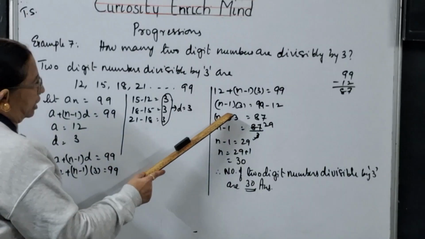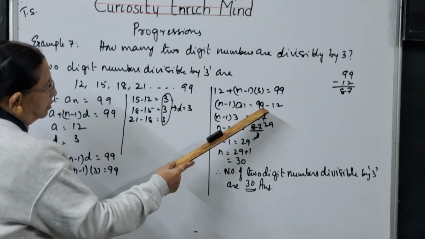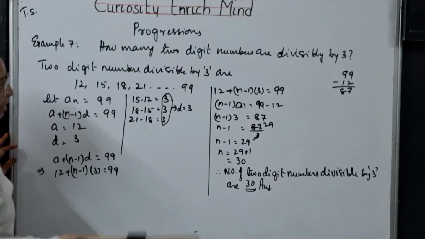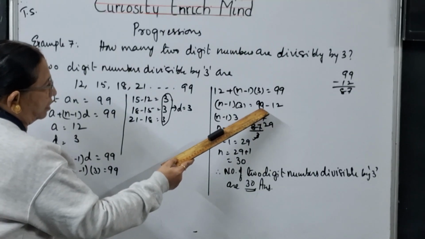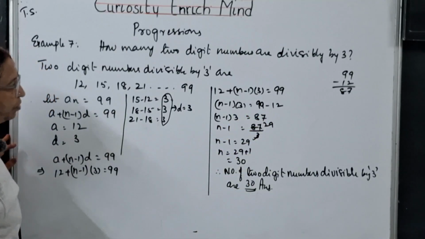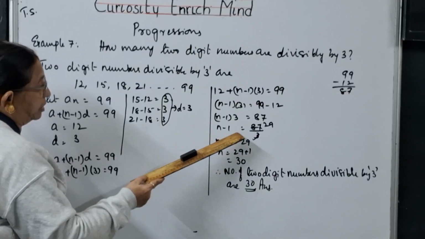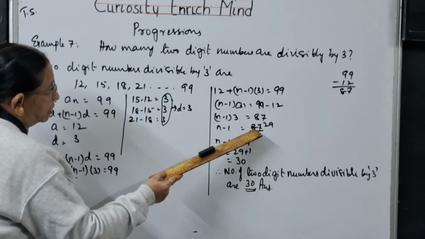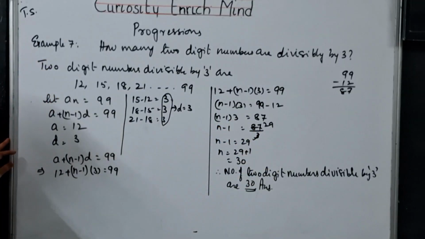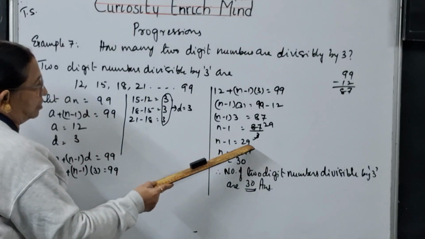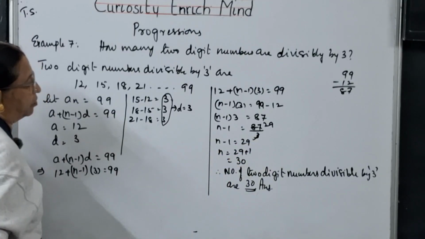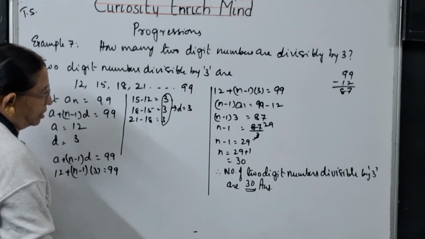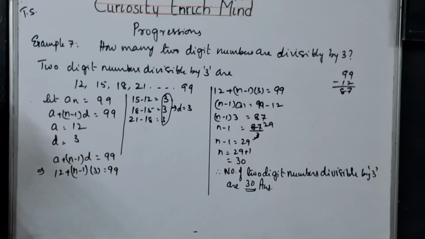That means n minus 1 into 3 is 99 minus 12, which is 87. N minus 1 is, multiplication becomes division, 87 by 3, that is 29. N is equal to 29 plus 1, that is 30. So 30 numbers are there, children. Please note it down.